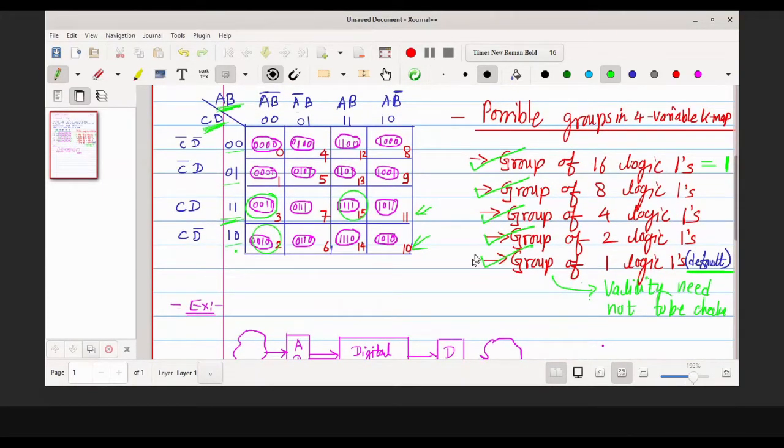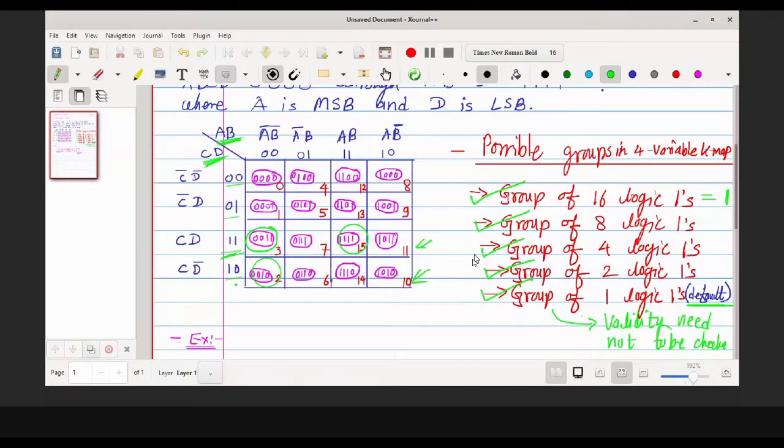So now this is about the 4 variable K map. You just note it down. I'm giving you 2 minutes, so just note it down, and we will begin the usage of this particular 4 variable K map by looking at an example. Otherwise, telling you the same thing that we have done for 3 variable and 2 variable is meaningless.